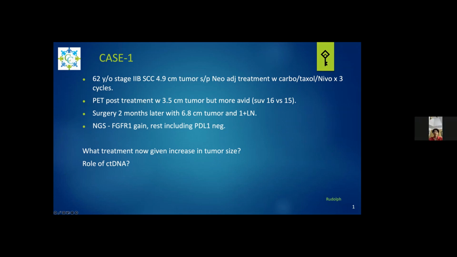So I'm curious, if you discuss with the patient and you make the commitment to give adjuvant Pembro, why wouldn't you use ctDNA then? Because if the ctDNA is going up on the Pembro, why would you expose them? Yeah, I would. Good point.